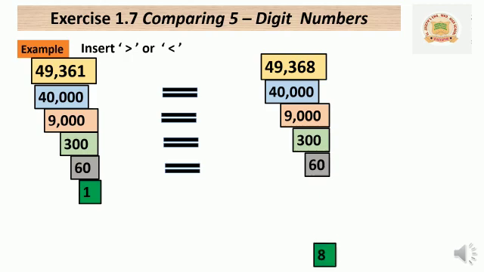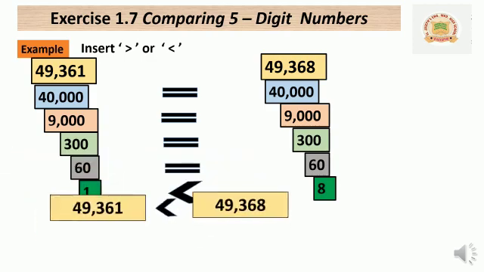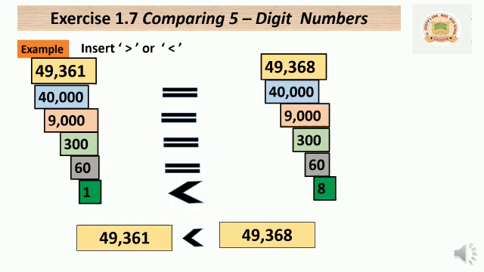In this number we are having 8. This means 1 is smaller than 8. Therefore 49,361 is smaller than 49,368. This is the method to do the comparison.